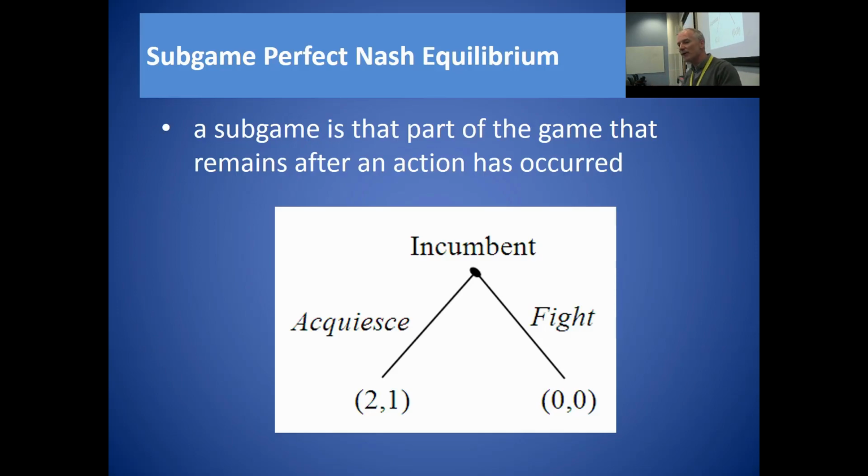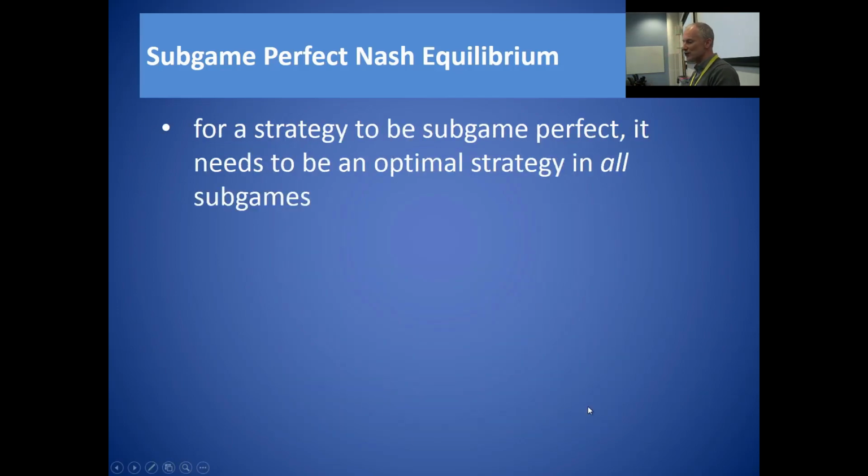So, for an outcome to be subgame perfect, the strategy needs to be an optimal strategy in all subgames. Not just the game in its entirety, but all of these mini-games that are played as well. That's what we need to find. We want to find a Nash equilibrium where players don't have an incentive to deviate.